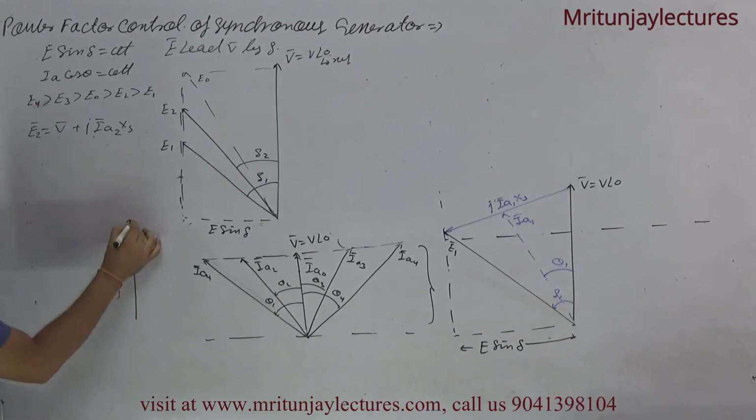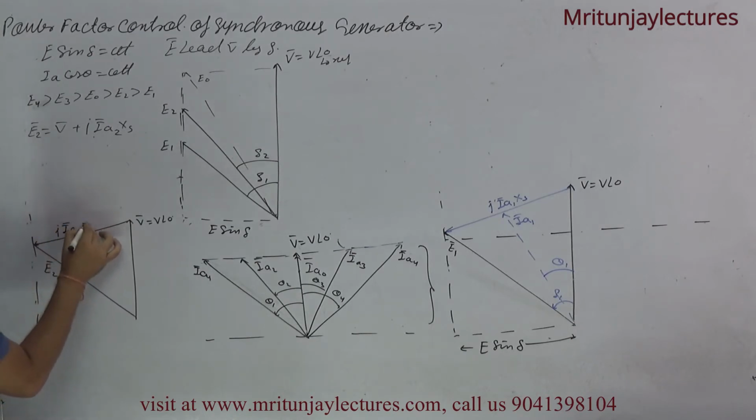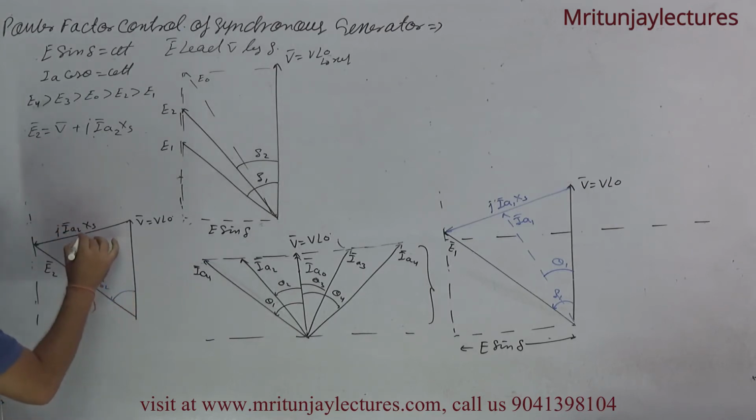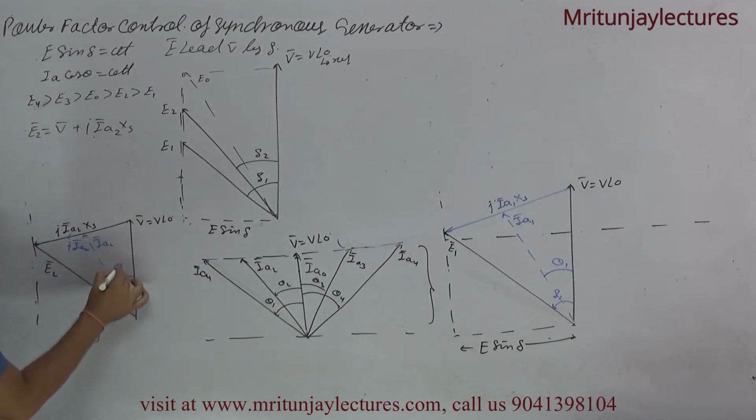V is equal to V at angle 0, and corresponding to E2, this is E2. This one is delta 2, and this one represents Ia2, and this one represents j Ia2 multiplied by X, and this one is theta 2.